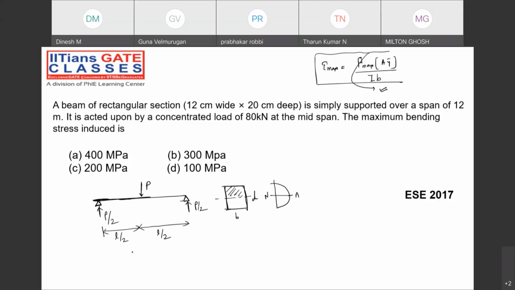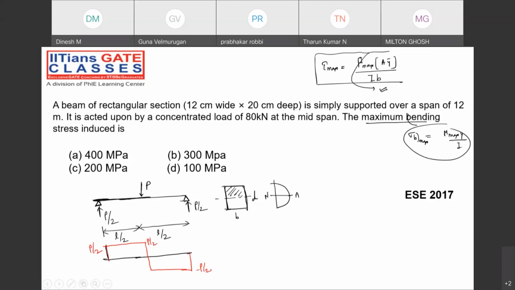Now, if you draw the shear force diagram, my dear friend, see, for maximum bending stress you find the maximum among the beam. Similar condition will be there for this case also. The shear force diagram will look like this: P by 2, P by 2, P by 2.